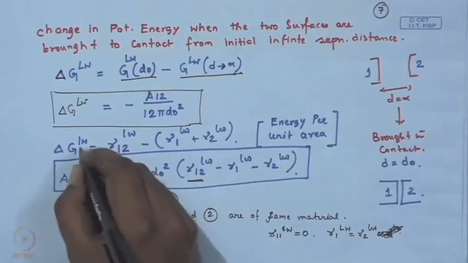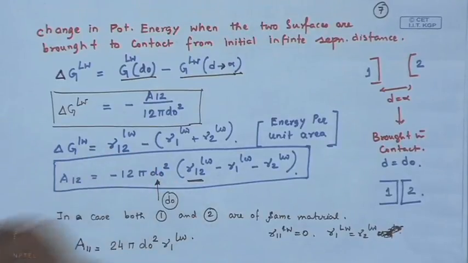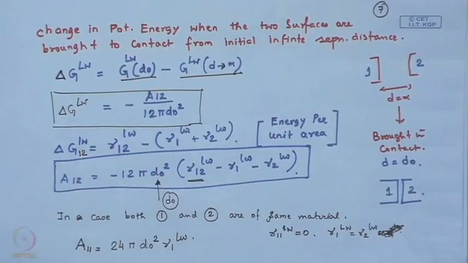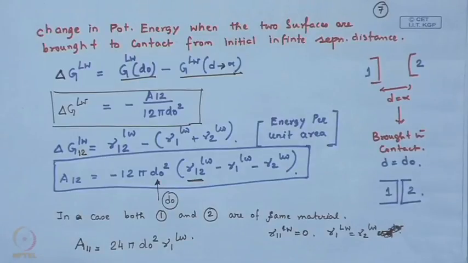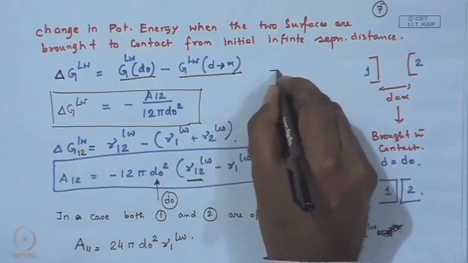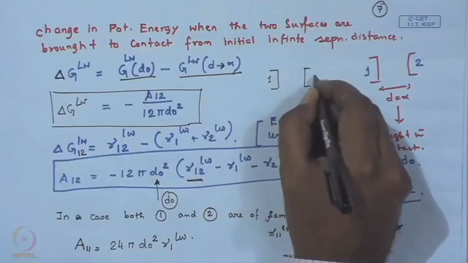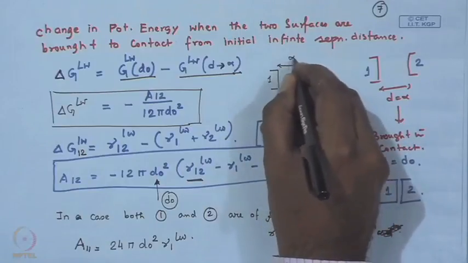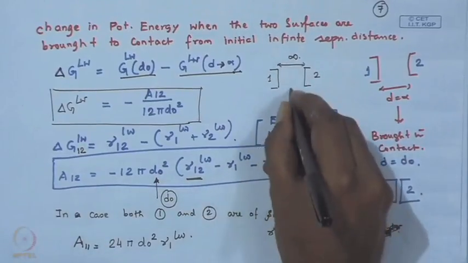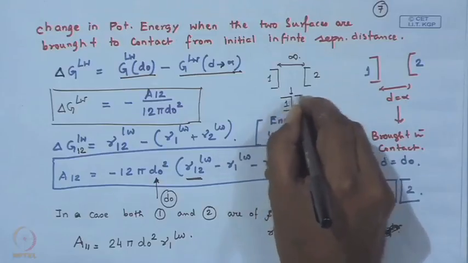We also understand that this delta G LW 12, if we want to be more accurate, that is two surfaces of 1 and 2 which were initially at infinite separation distance, they are brought in contact.